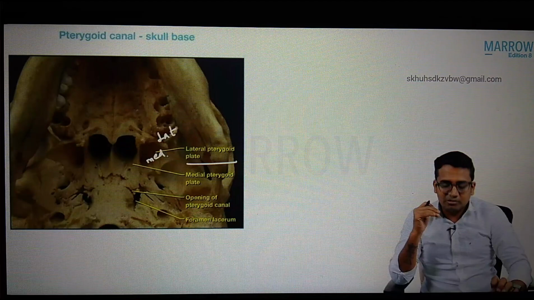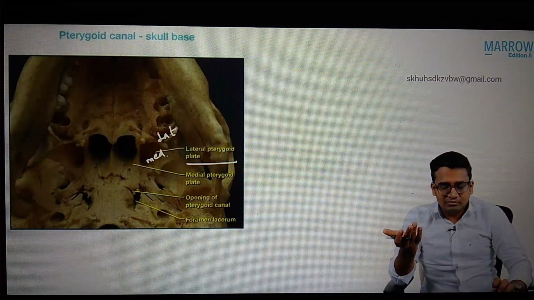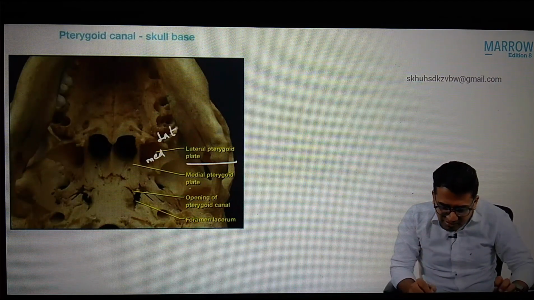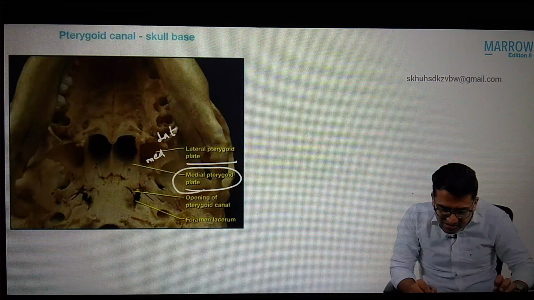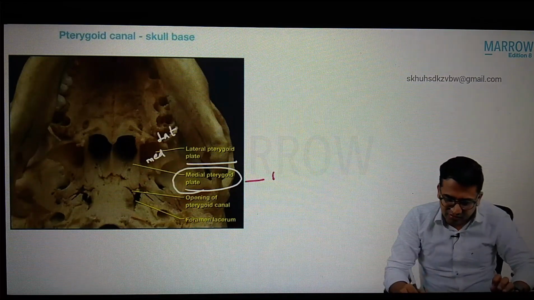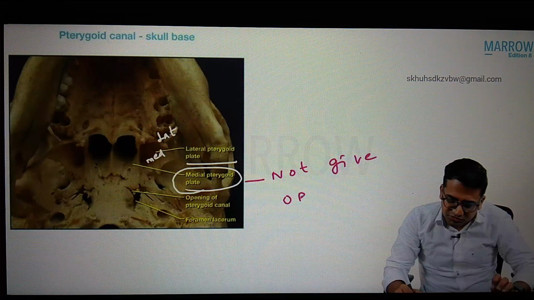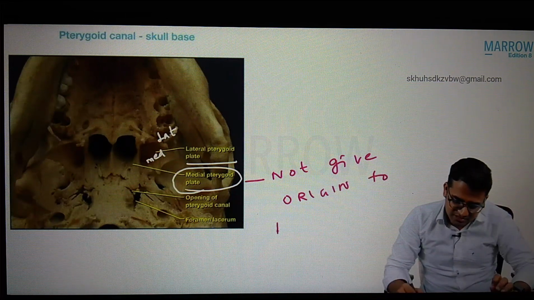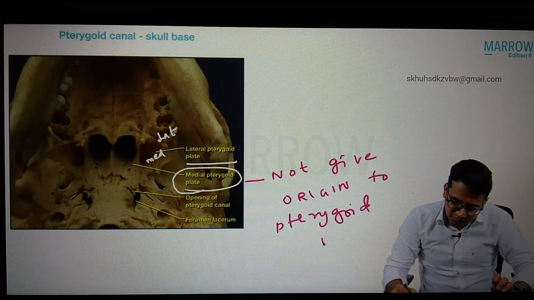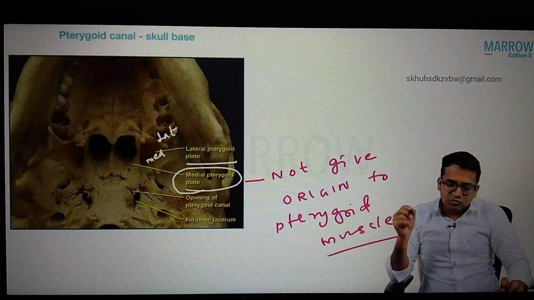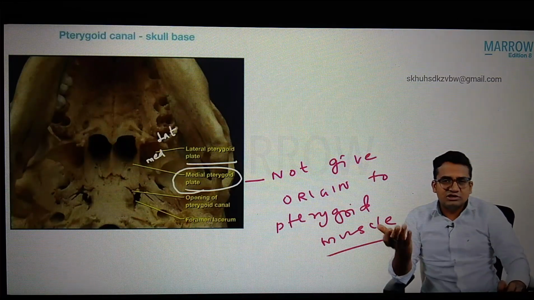The medial surface of the lateral pterygoid plate gives origin to the medial pterygoid muscle. Please remember, underline the medial pterygoid plate and write: which does not give origin to the pterygoid muscle. So the medial pterygoid plate is not giving origin to the pterygoid muscle.